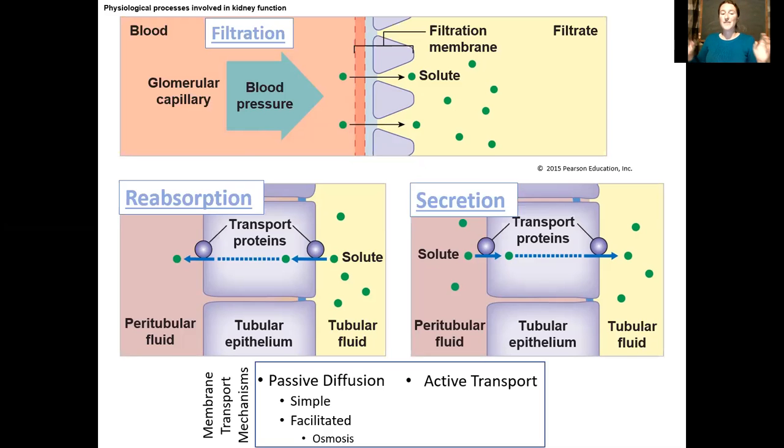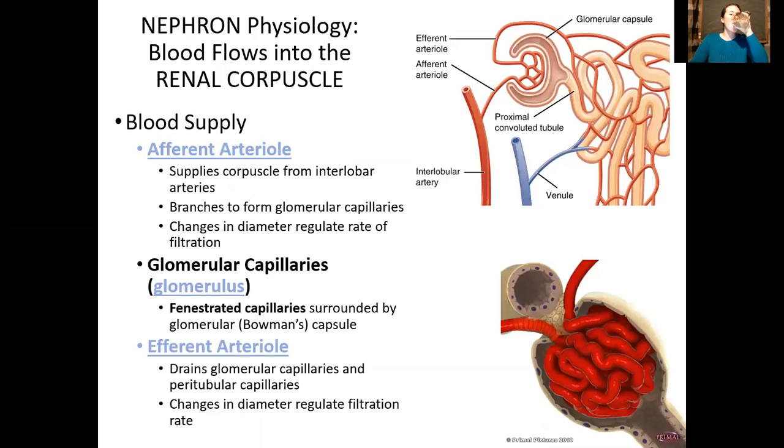So this is why we talk about all those membrane transport mechanisms way back in A&P 1. It really is important for the big picture stuff that we're talking about now. Any questions? You thought you were done with all that cellular stuff, but nope, it comes back.